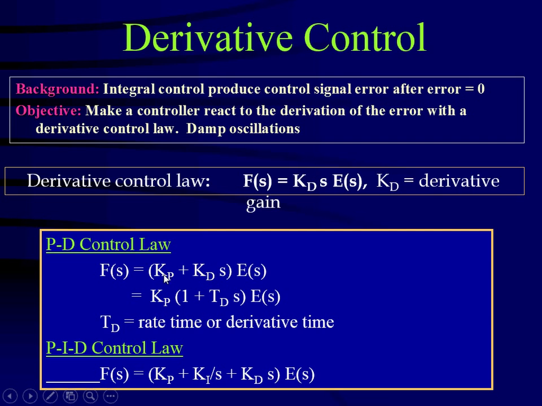It has the proportional constant, the derivative constant times s, and then times the error. You see, that's the control law. You could write this in terms of a rate time or derivative time.